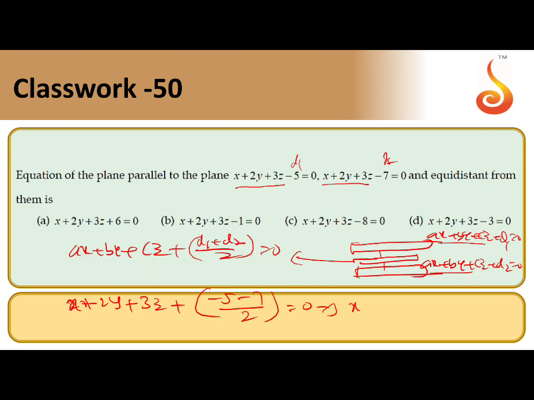So that gives x plus 2y plus 3z remains same, minus 5 minus 7, minus 12 by 2 means minus 6 equal to 0. Look at the options, x plus 2y plus 3z is there in every option. So that constant term is the sum of the constant terms by 2. I think this option is given wrong, minus 6 is the right answer here. X plus 2y plus 3z minus 6 equal to 0 is the right answer.